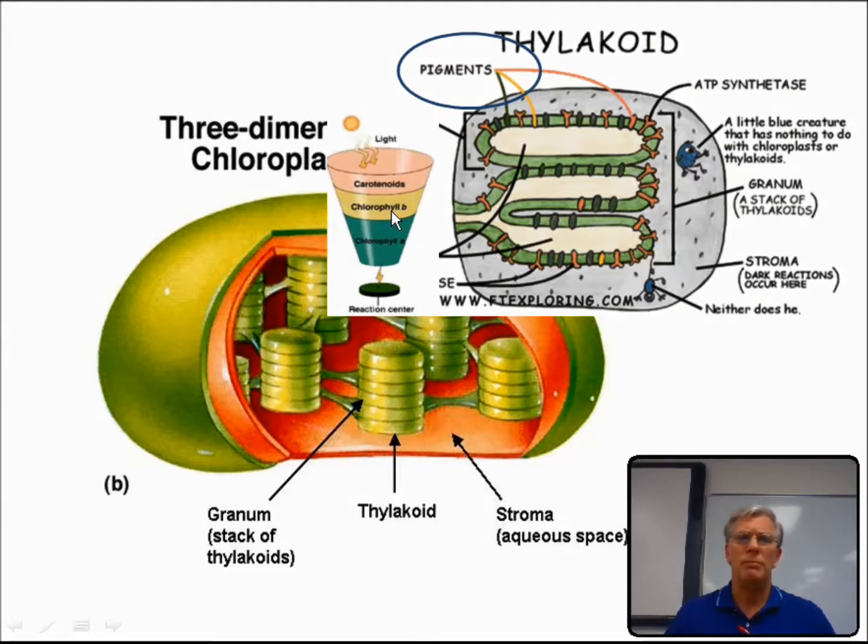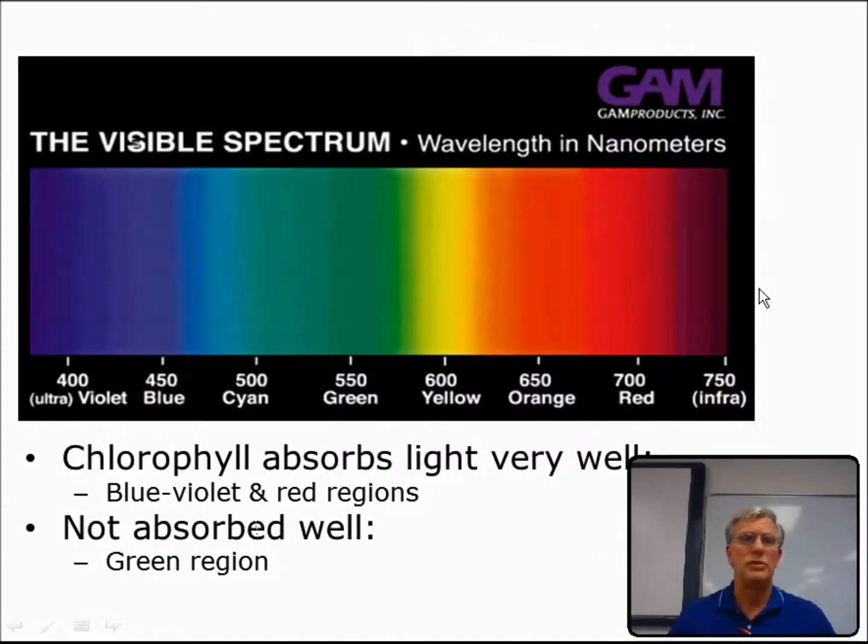And chlorophyll is the most important pigment in photosynthesis, because chlorophyll absorbs light very well. And again, we know that chlorophyll is green, and since it's green, that means it reflects the green. But that means it absorbs the other colors of the spectrum. So chlorophyll absorbs all these colors over here and all these colors over here.